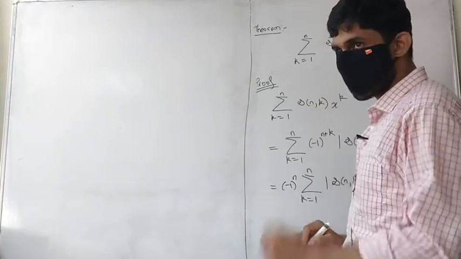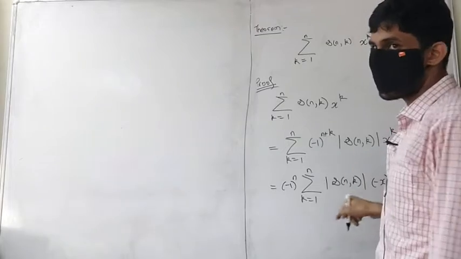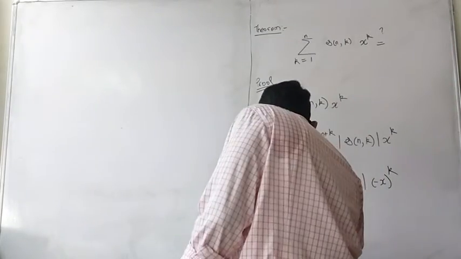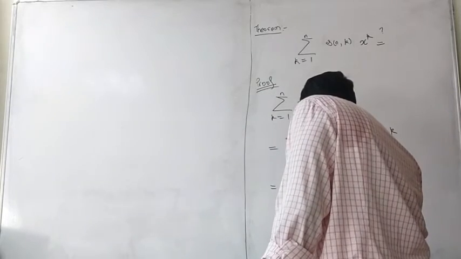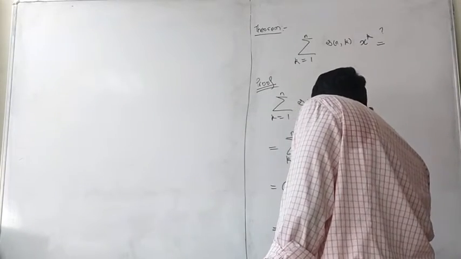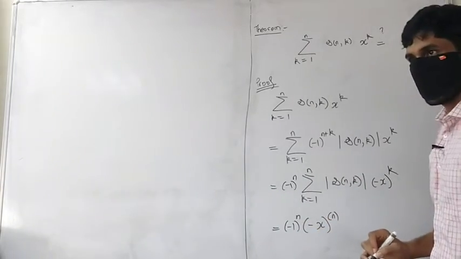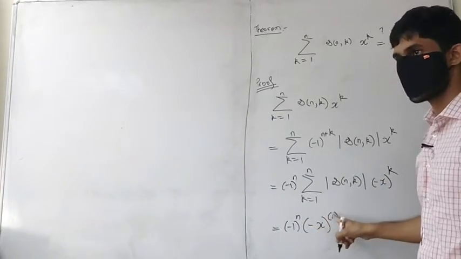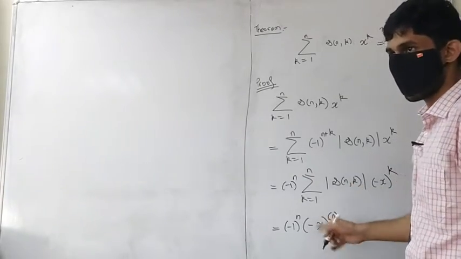Okay, and from the previous theorem, what does this become? In the previous theorem we had x, here we have minus x. So what will we get? Minus 1 raised to n, then minus x raised to n. When there was x, we had x raised to n, so now with minus x we will have minus x, the rising factorial of this.